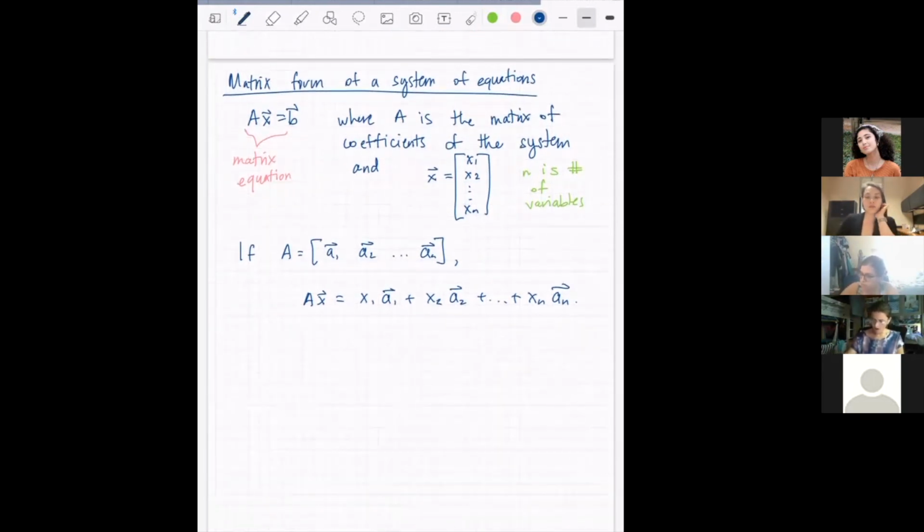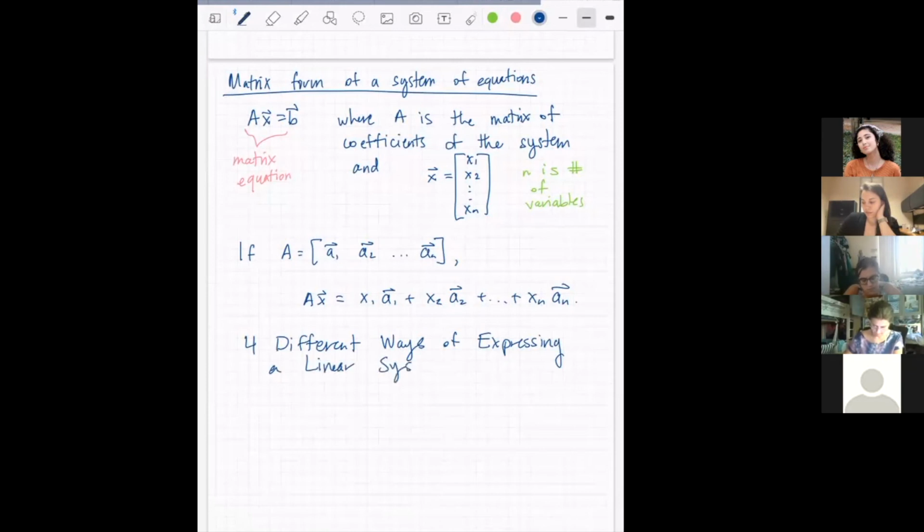Now we have 4 different ways of expressing a linear system. So let's just make note of all of them right now.